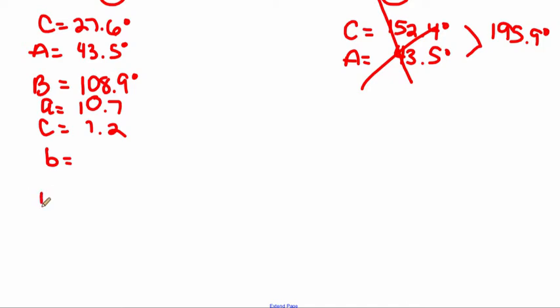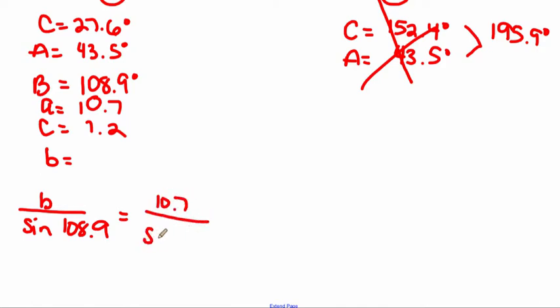I like to put the missing side on top, so side B over the sine of angle B, which is 108.9, equals, I'm going to again go with the one that I was given, so side A is what I'm going to use, this 10.7, over the sine of 43.5 degrees. Again, we're going to multiply both sides by the sine of 108.9 to be able to solve.